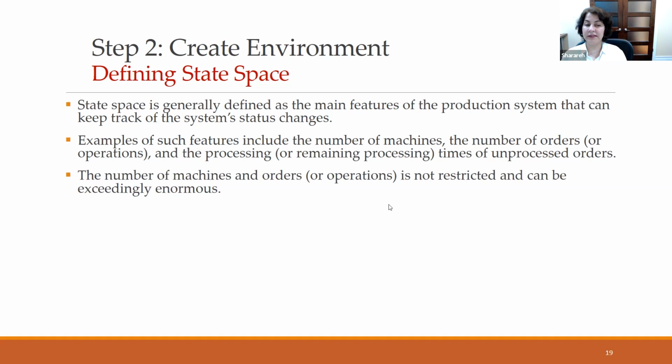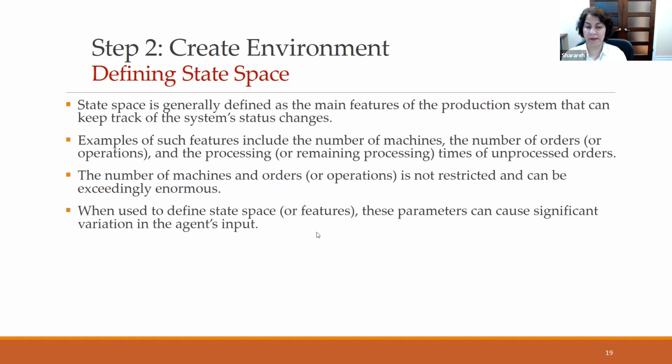But the problem with this selection of features is that when the number of machines or the number of orders to be processed increases, the problem size gets very big, and so we cannot expect to have a satisfying result.